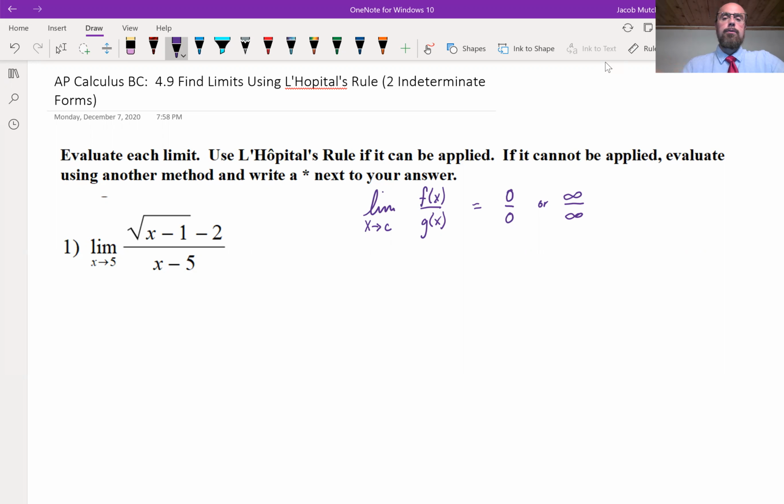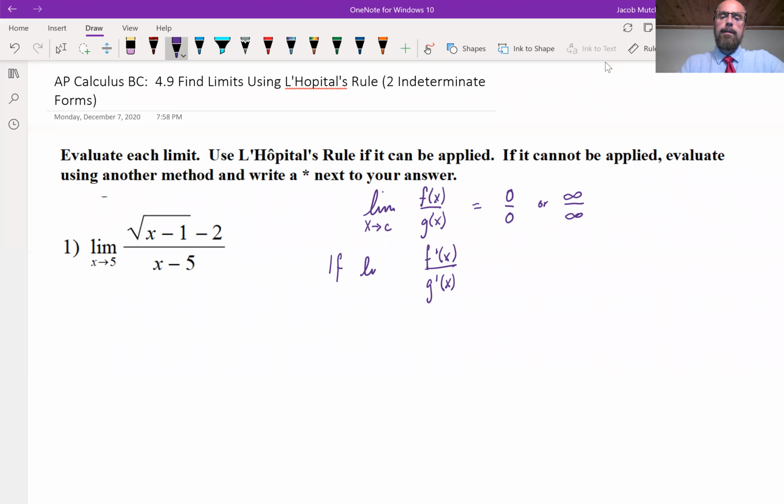And the way that L'Hopital's rule goes is if I can create another ratio, which would be the derivative of f over the derivative of g. In fact, we'll put this in a formal way.